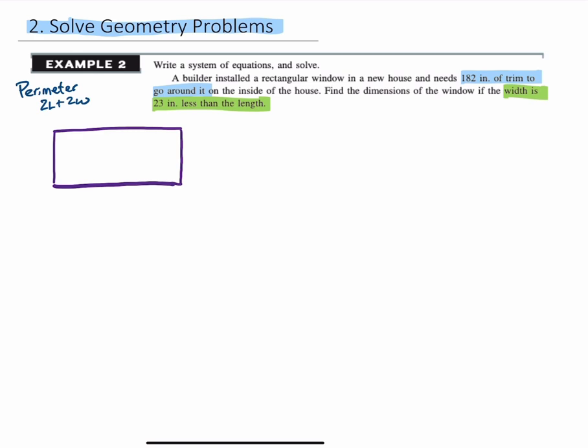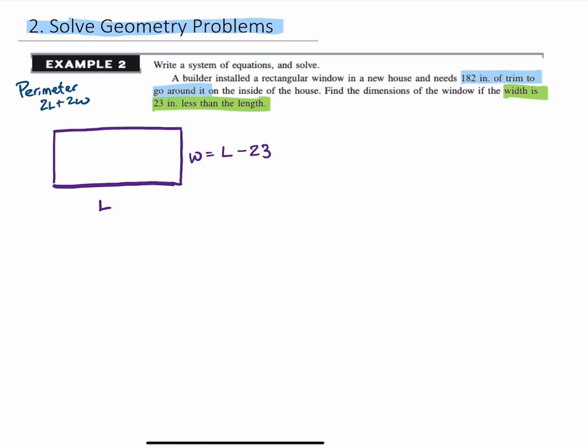So let's call this the length, the long side, and the width, they're saying, is 23 inches less than the length. So I can say W equals whatever the length is minus 23. That gives us one of our equations, and then we know we have 182 inches all the way around.